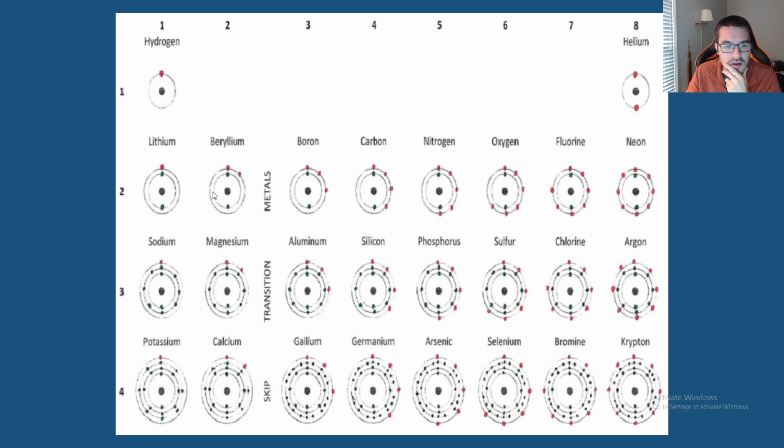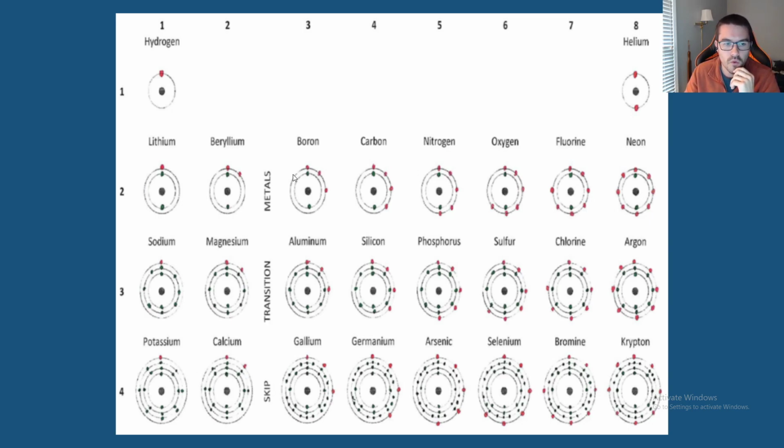As we go from left to right across the periodic table, the nuclear charge is increasing, right? Remember, the nuclear charge is just the number of protons. So that is clearly increasing, from 3 to 4 to 5 to 6 to 7 to 8 to 9 to 10. What we're concerned with, though, is the effective nuclear charge.